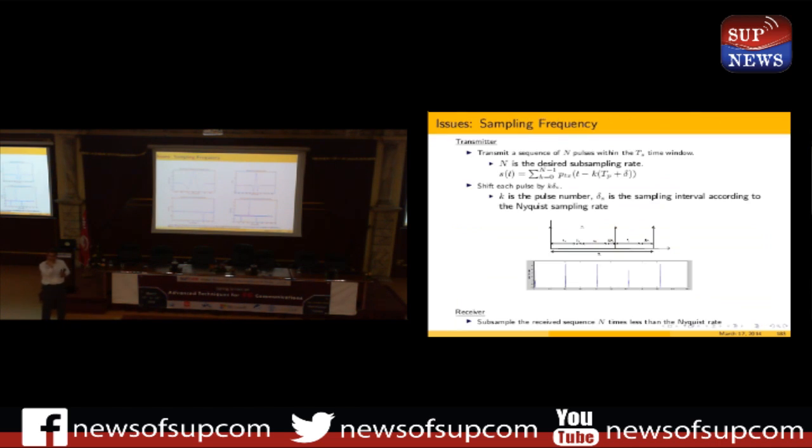Remember, this is very narrow, maybe 1 nanosecond. So if you don't sample at a very high rate, what's going to happen? You're going to miss this pulse. For example, you might sample it here and then sample here. So essentially you lose it, or if you're lucky, you sample it here, or here. So for example, this is sampled at the proper rate, this is sampled at an improper rate, okay? If I simply reduce the sampling rate, I'm going to miss many pulses.